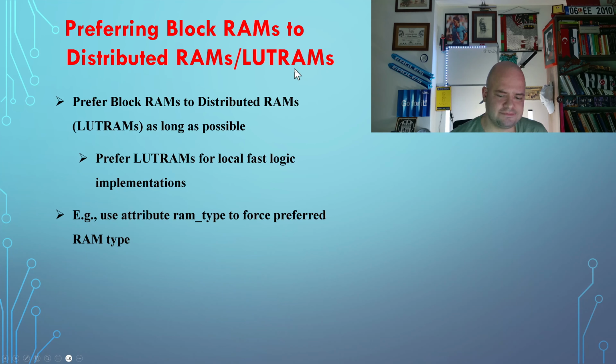Next one is preferring block RAMs to distributed RAMs, also known as LUT RAMs. This is also quite important because if you don't provide any constraints, compilers like Quartus, Vivado, and Libero sometimes use distributed RAMs, but sometimes they use block RAMs.